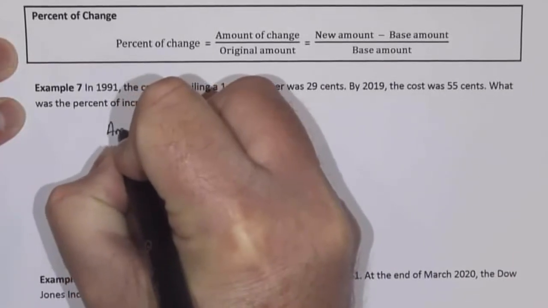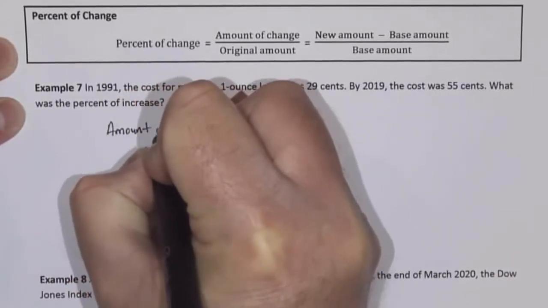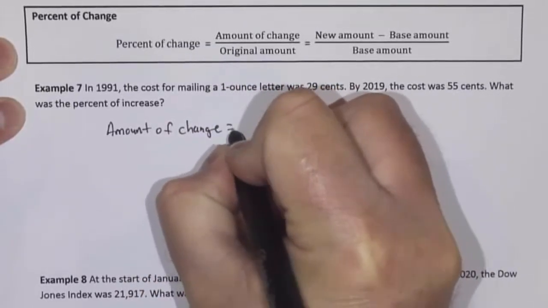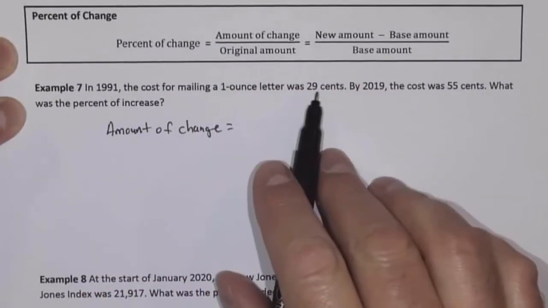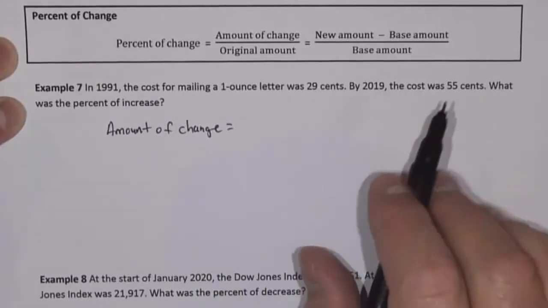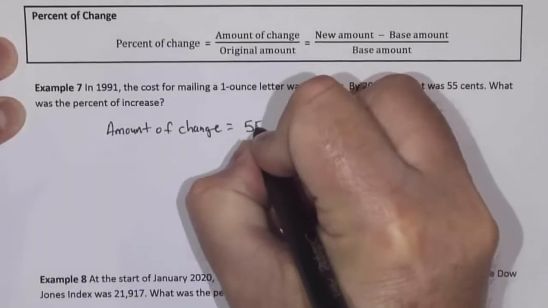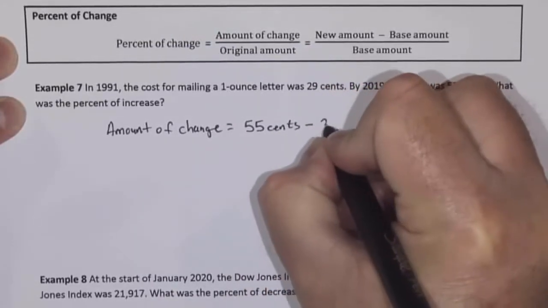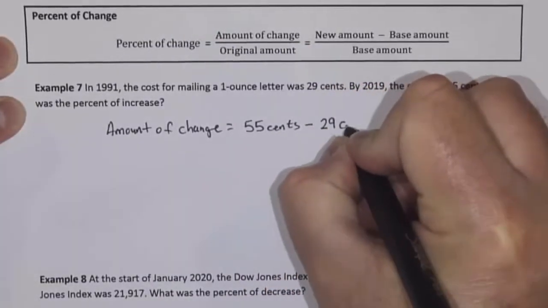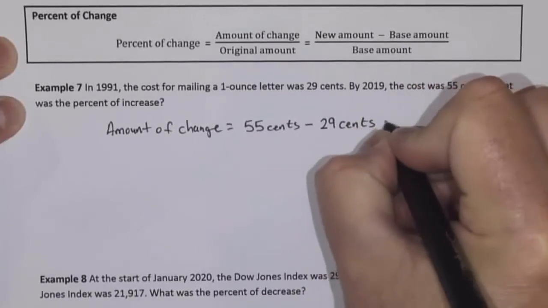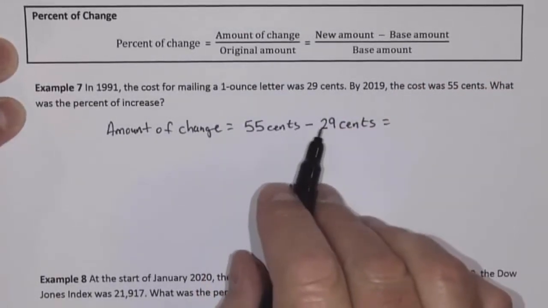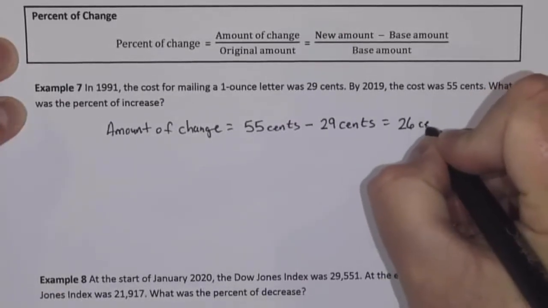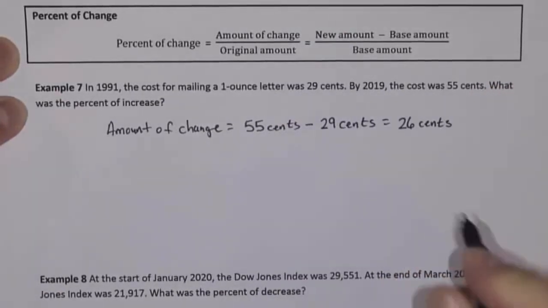So if we find the amount of change, well, in this case, it changed from 29 cents to 55 cents. So we're going to take our new amount, 55 cents, minus our original amount, or our base amount, 29 cents. And if we take 55 cents minus 29 cents, that is a 26 cents change.